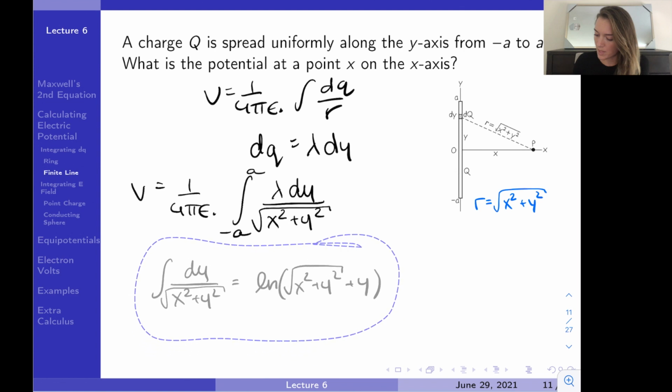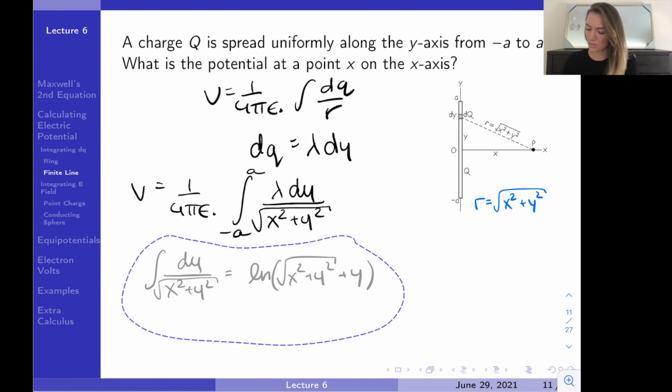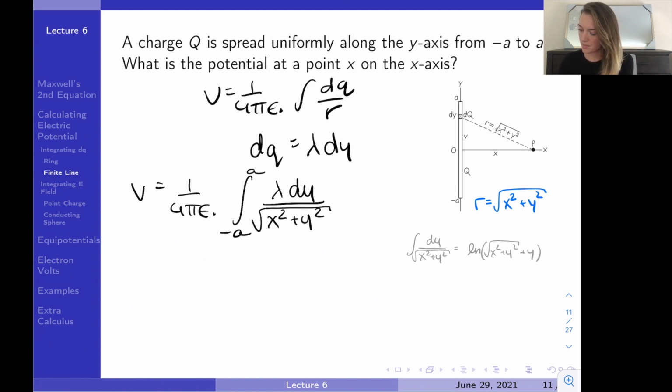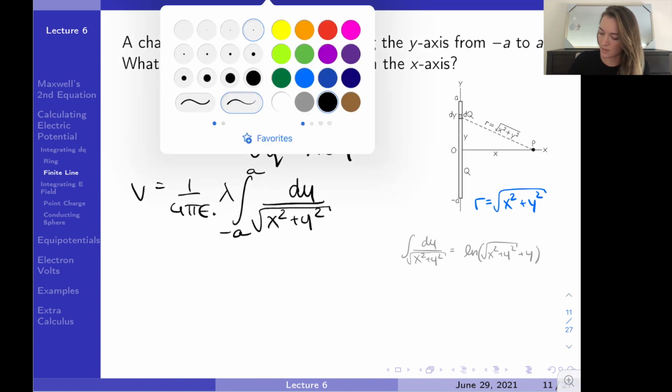So now we have this. Let's move that over here. Let's leave the constants out first and evaluate this. So I'm going to move my lambda out here so that I just have my integral to worry about.